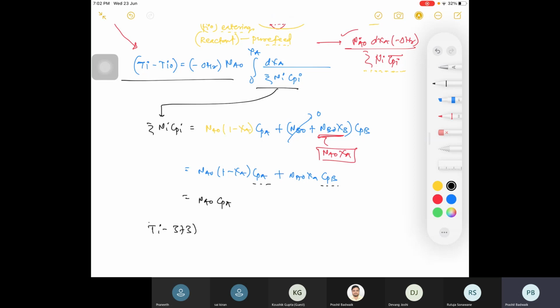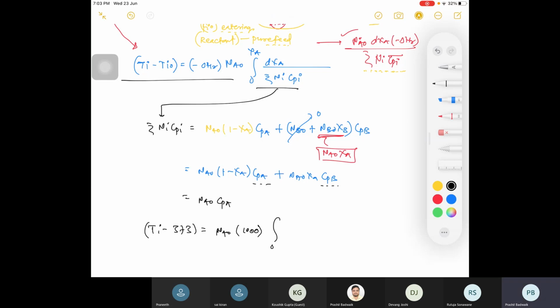373 is your inlet temperature, is equal to your Na naught into your delta H reaction. It is your 1 kilojoule, so you can write 1000 joules. See, you need to keep conversion in mind. 0 to Xa, right?